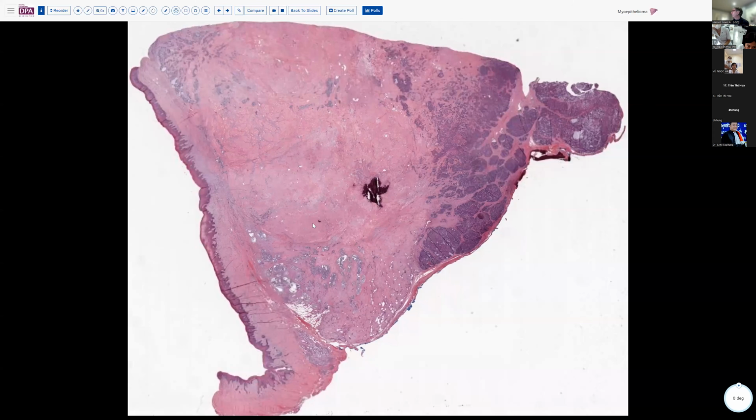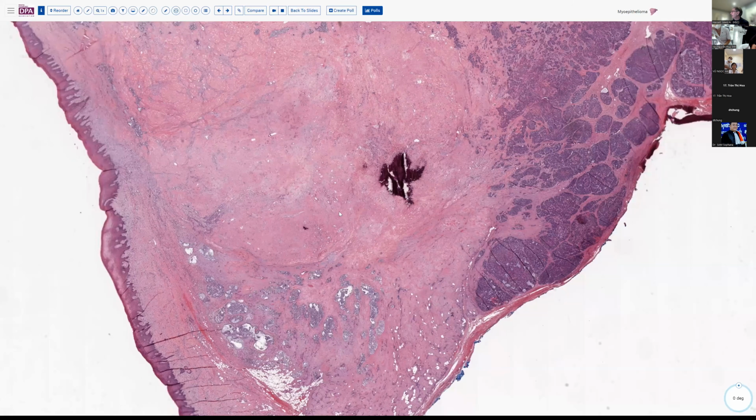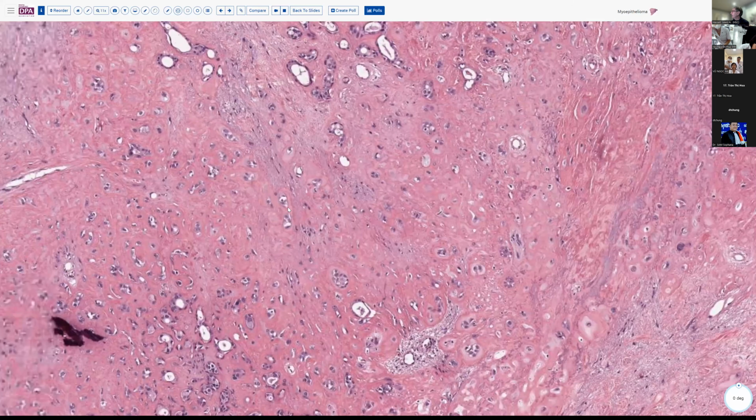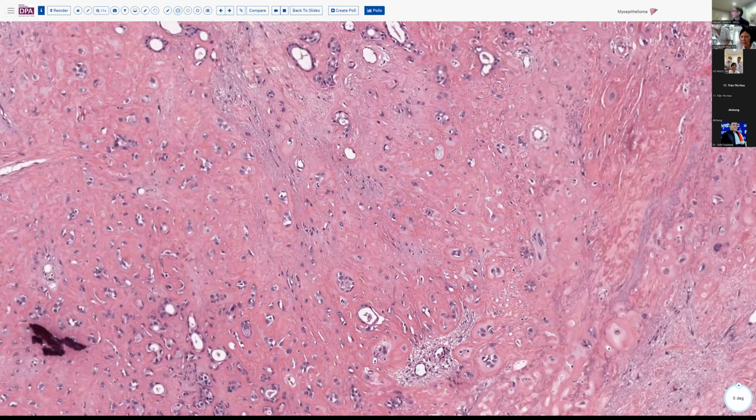And I think we have one more example. This is one that had been around quite a bit of time, and so you can see that it's become quite hyalinized and sclerotic. So almost more of a pleomorphic adenoma almost, because you've almost got a little bit of ductal type of epithelial remnants here.